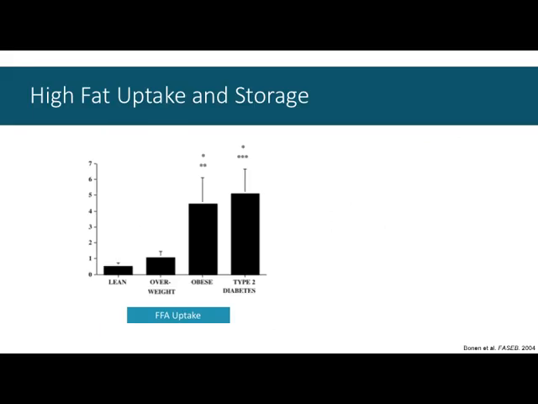Well, if we compare individuals across a varying range of levels of insulin resistance, levels of obesity, we see a progressive increase in fat uptake. And I purposefully removed the label on the left-hand side. The numbers, you can take it for what they will. A higher number means a higher uptake.